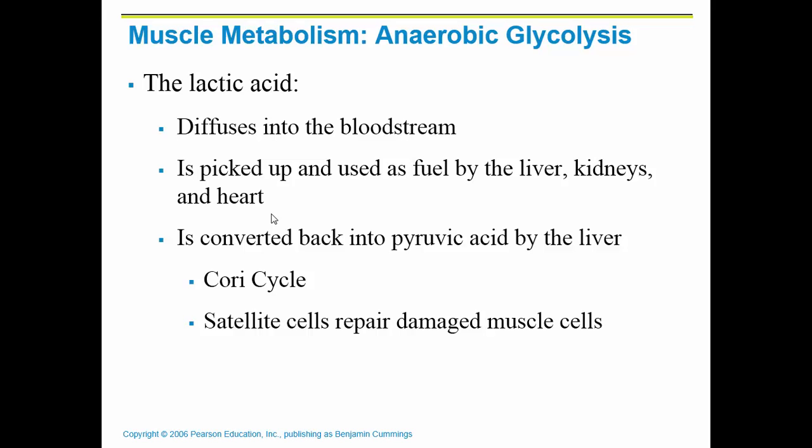There's no oxygen needed for that glucose molecule to be cut into 2 pyruvic acids. But once glycolysis occurs, if there's not enough oxygen in the cell, then we're going to go through something called lactic acid fermentation. If there is oxygen present, then we're going to go into cellular respiration and produce ATP in the mitochondria.